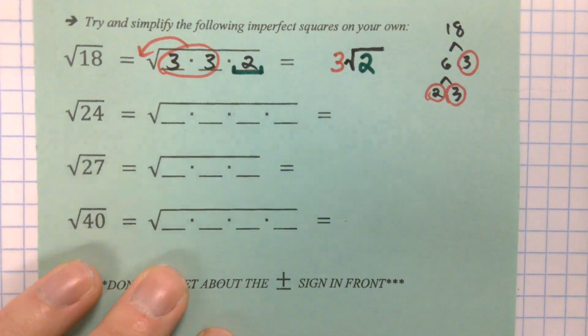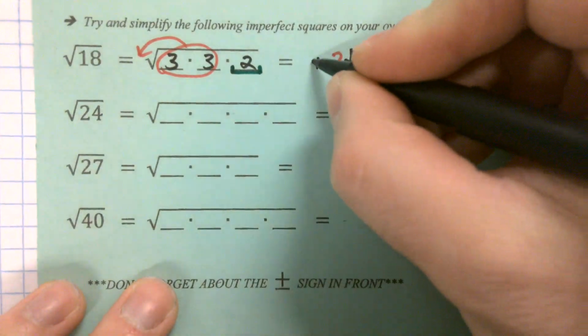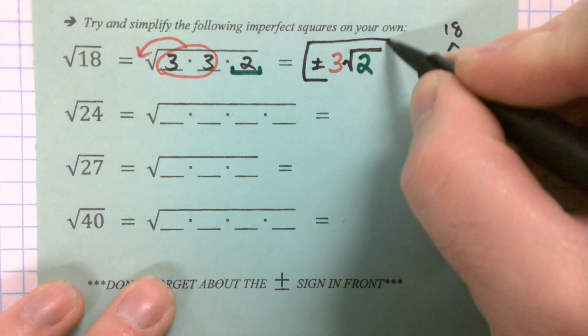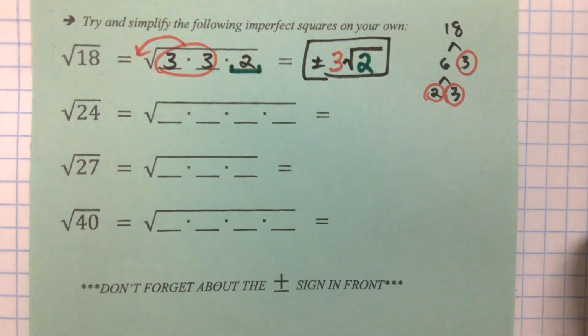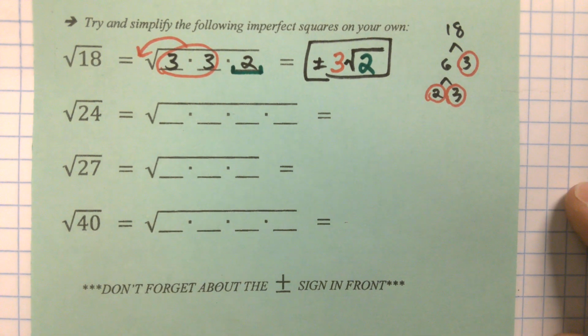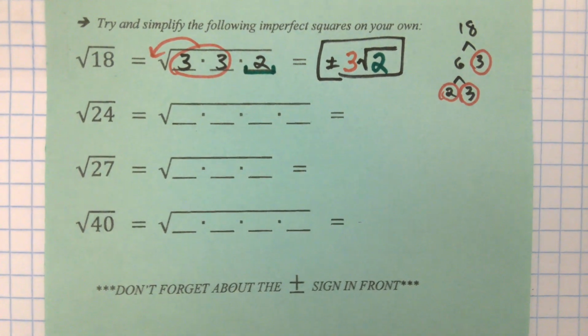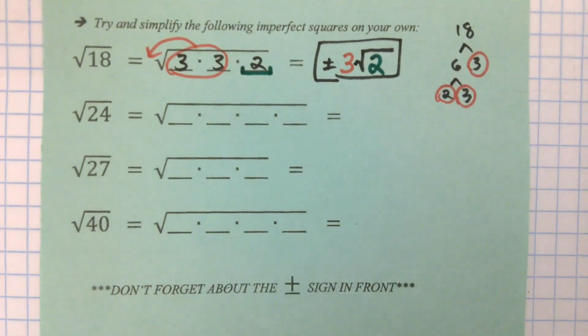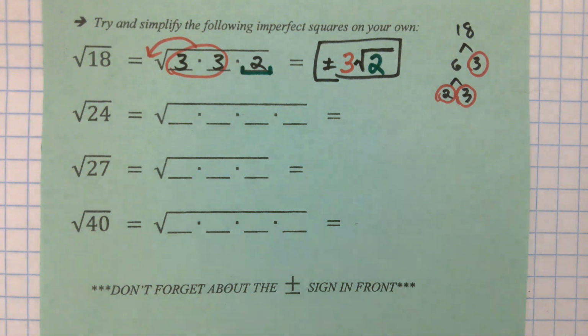What do we need to write in front of this 3 now? Plus or minus. Great job. Plus or minus 3 square root 2. It's not a pretty answer, but that's our simplified answer. That's as much as we can do.